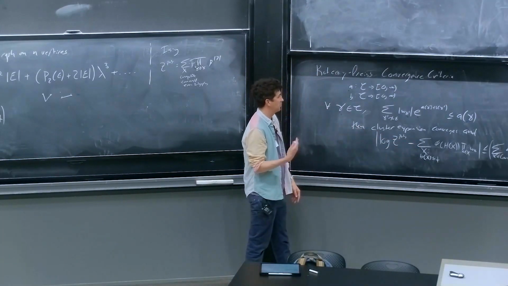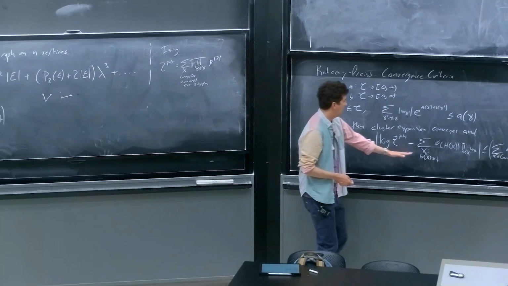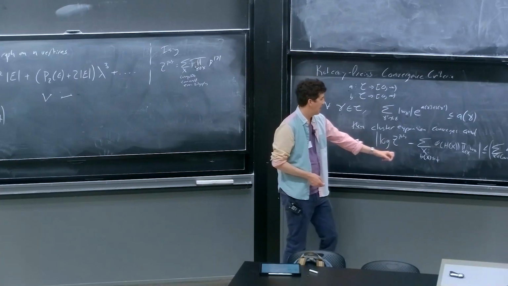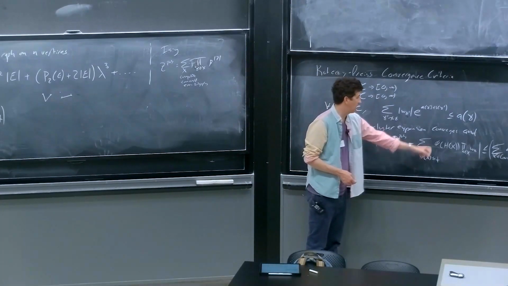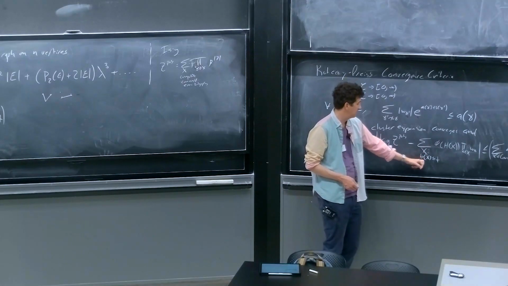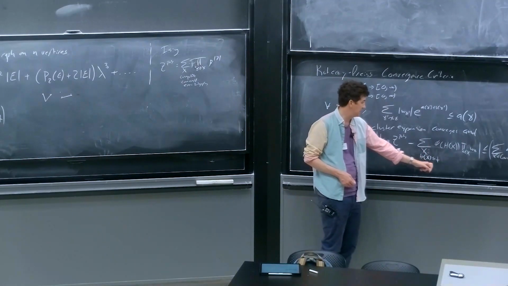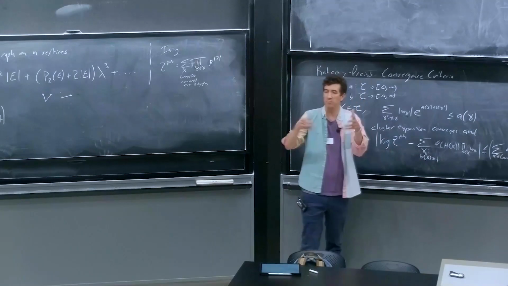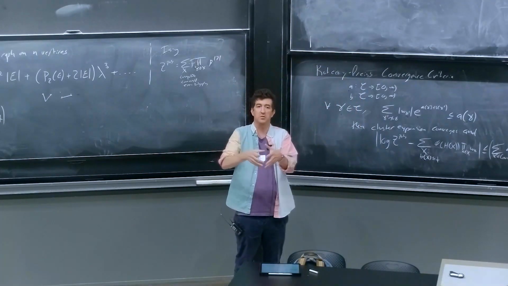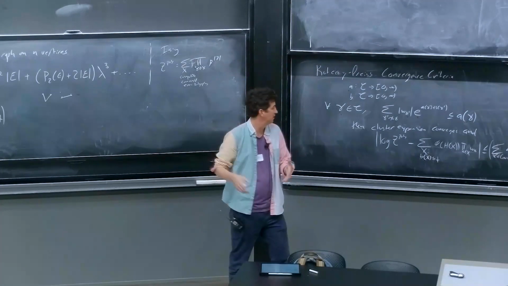So what does a truncation bound look like? Here's my actual log partition function, and I'm subtracting the truncated cluster expansion. So I'm going to sum all the clusters whose sum of B values is at most t. So if you imagine B as some measure of size, this is all clusters whose sum of sizes are at most t.